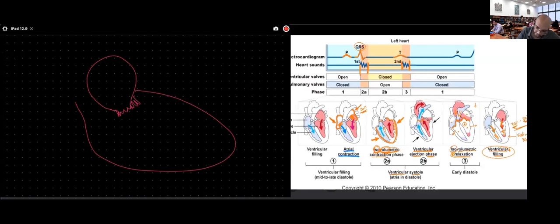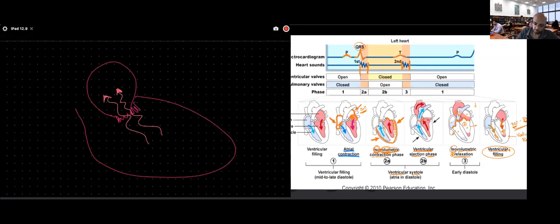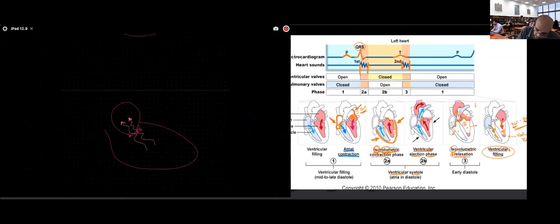So it allows the blood to travel in an abnormal direction. In the case of the mitral valve, it allows the blood to move from the left ventricle back to the left atrium. So this is going to be a regurgitating valve.